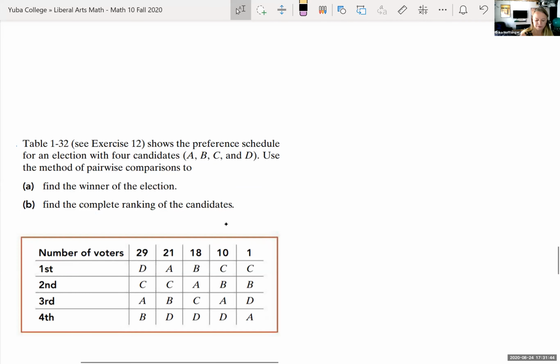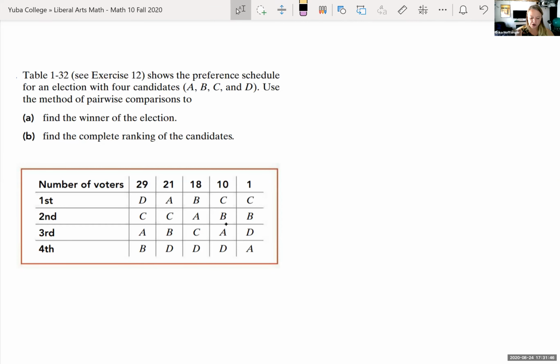Okay, so we got the following table again. It shows the preference schedule for an election with 4 candidates A, B, C, and D. Use the method of pairwise comparison to find the winner of the election.